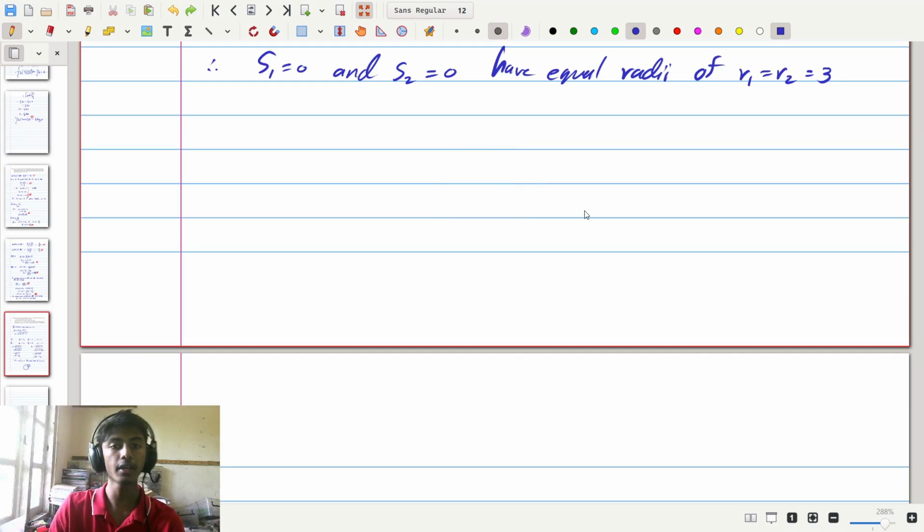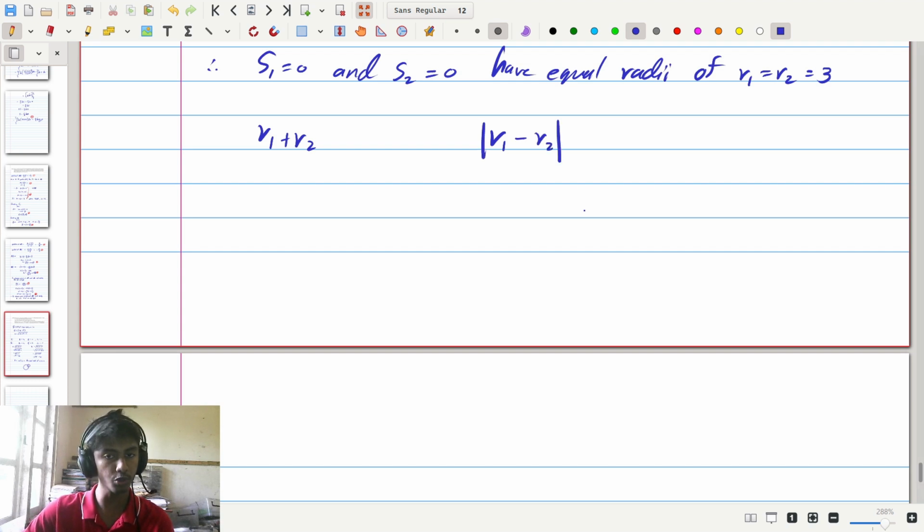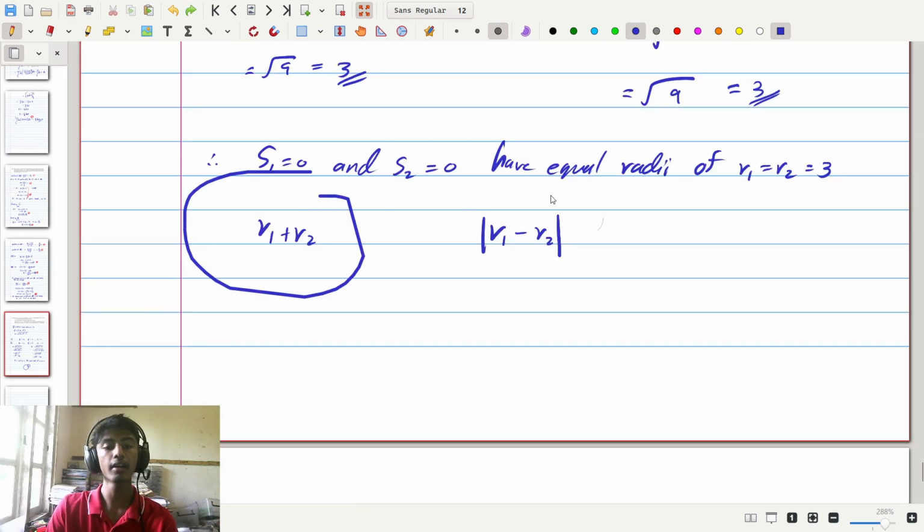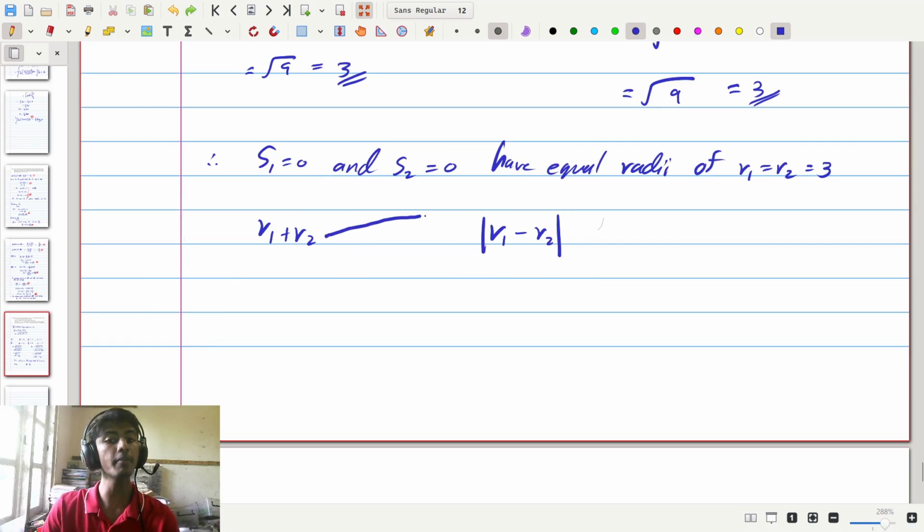Now according to that, we need to find r1 plus r2 and the modulus of r1 minus r2, which is the difference of the two, and then see if the distance between the centers of these two circles is equal to one of these, or somewhere in between, because in all three cases the two circles will intersect each other.